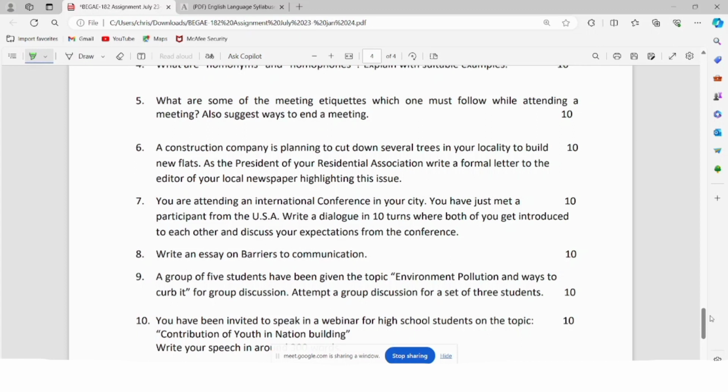Okay, and you can also refer to Unit 1 of Block 2, since this is related to getting introduced to each other. As part of Block 2 Unit 1, you will find relevant language that you can use.